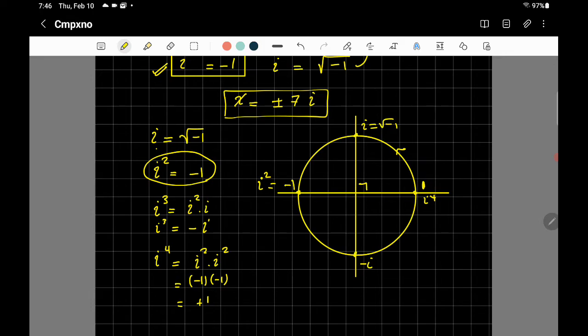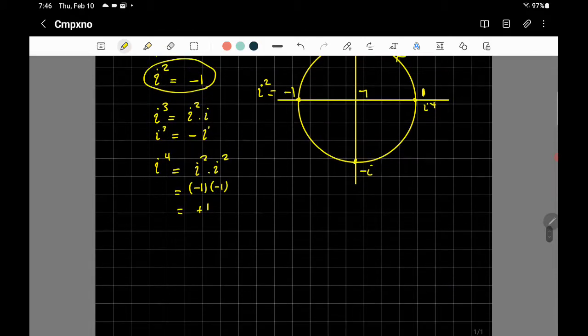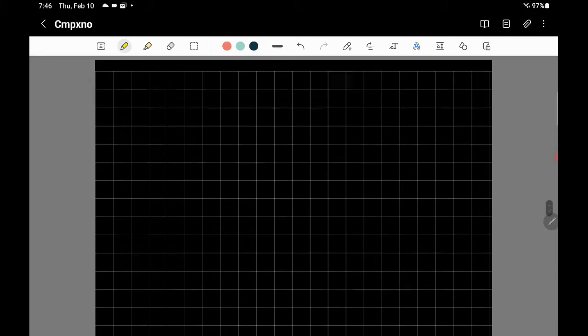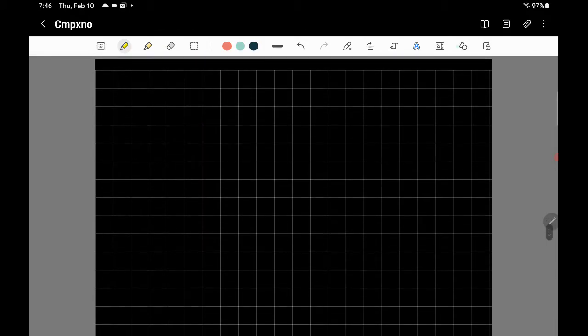Okay. How can you represent the imaginary number on the Cartesian coordinate? Well, let's have x-axis, y-axis. We used to have the x-axis represent the real number. So we'll say that that's the real number.